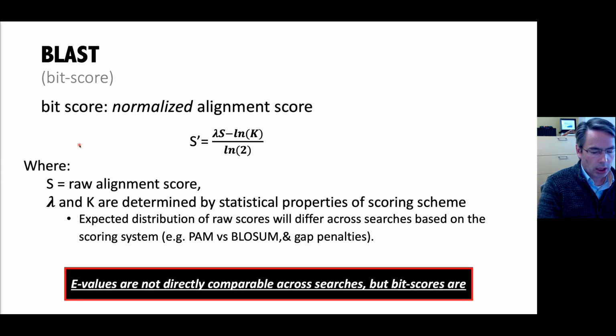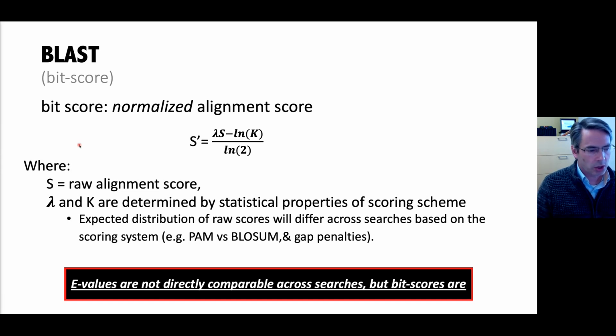So if I search gene A in the genome for Drosophila melanogaster, all the hits in that search are comparable based on their e-value, because my query is the same, my gene A sequence, and the database that I searched is the same. So those e-values are comparable.